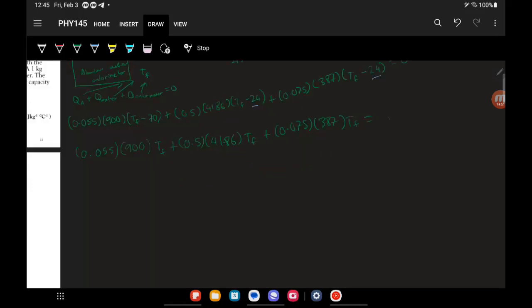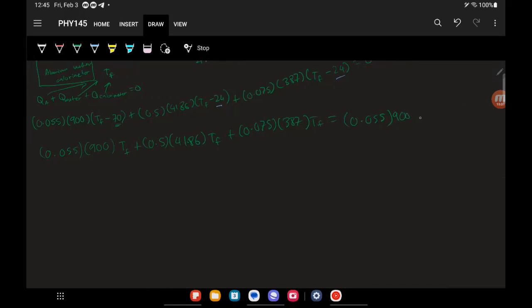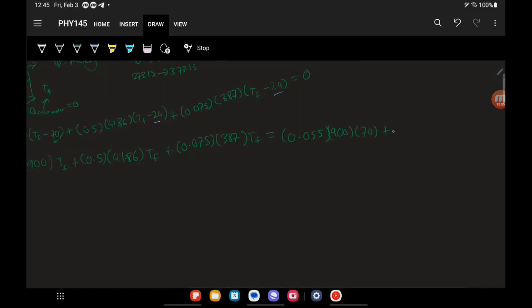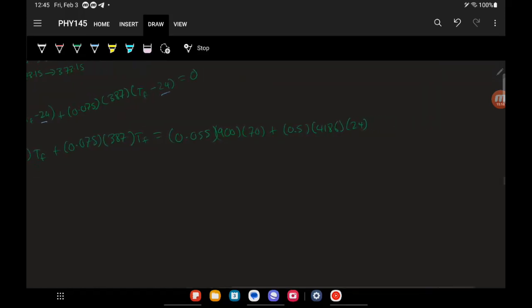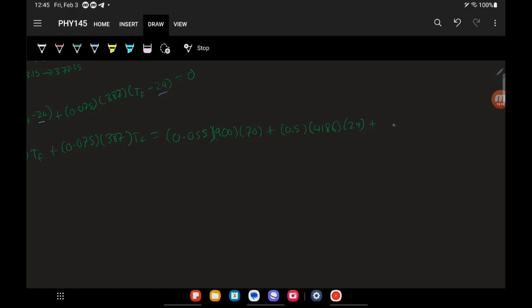So 0.055 times 900 multiplied by 70. Do the same thing for the other two as well: 0.5 times 4186 times 24, plus 0.075 times 387 multiplied by 24.